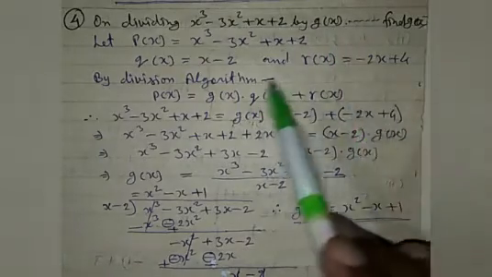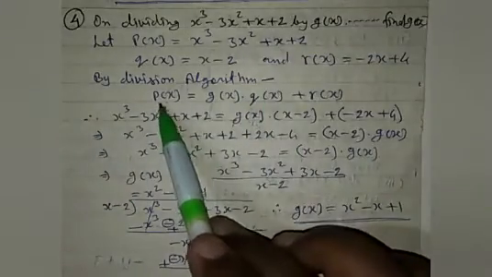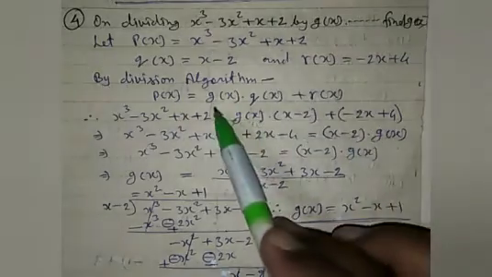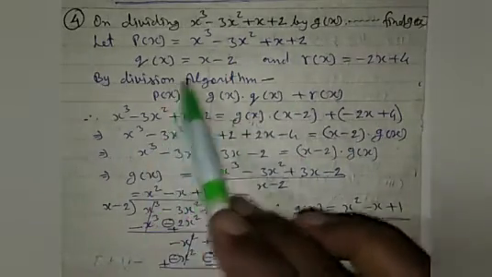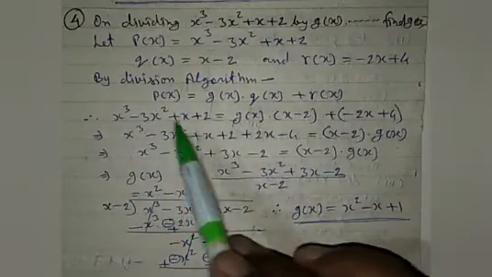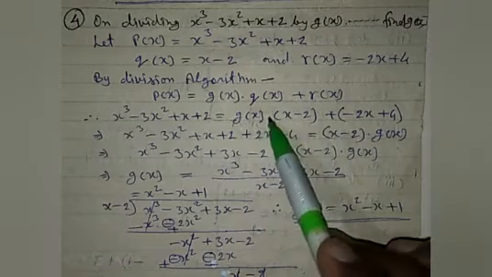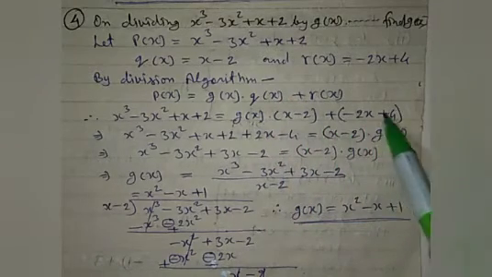So here you have to use the division algorithm. By the division algorithm, px is equal to gx into qx plus rx. So here you have to substitute the values which are given. So px is x cube minus 3x square plus x plus 2, that is equal to gx, which is not given, into qx, which is x minus 2, plus remainder rx, which is minus 2x plus 4.